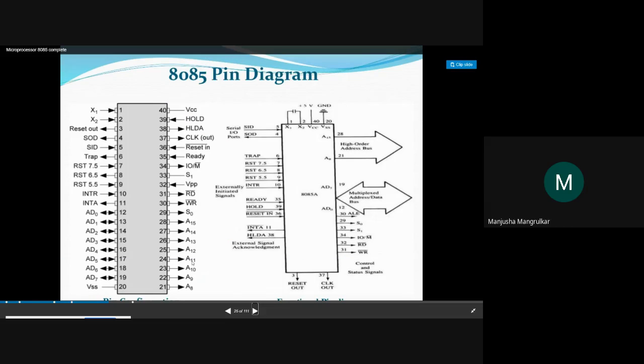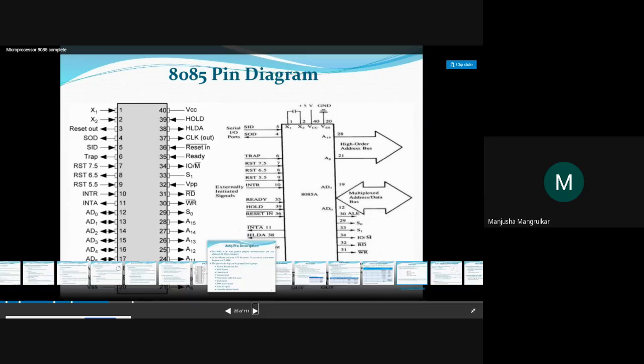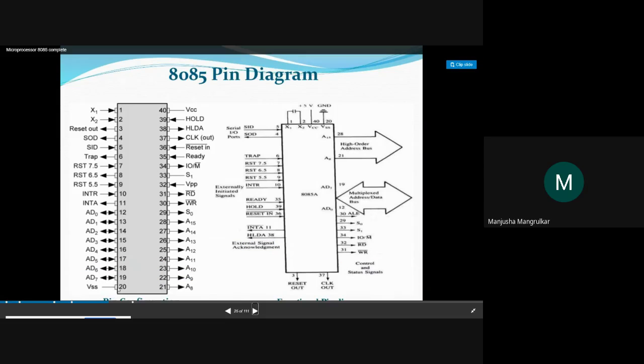There is a 40 pin IC. Pin number 40 is VCC, pin number 20 is ground, right? The rest are X1, X2, RESET OUT, SOD, SID. SOD is an output pin, RESET OUT is an output pin, SID is an input pin. TRAP, RST 7.5, RST 6.5, RST 5.5, INTR, and INTA the acknowledgement pin.